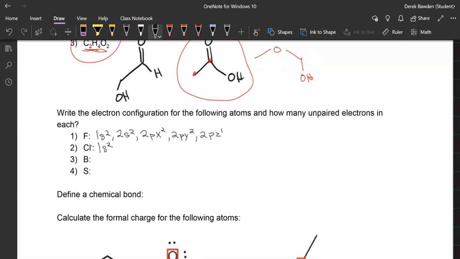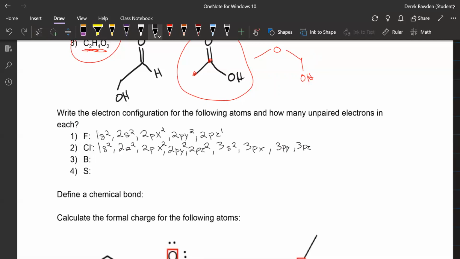So we're going to go 1s2, which is 2, 2s2, 2px, 2py, 2pz. Do we have enough electrons to fill all of these p orbitals? Yes, we do. Okay, so 2px2, 2py2, 2pz2. Then we move on to 3s2. And then 3px, 3py, and 3pz.